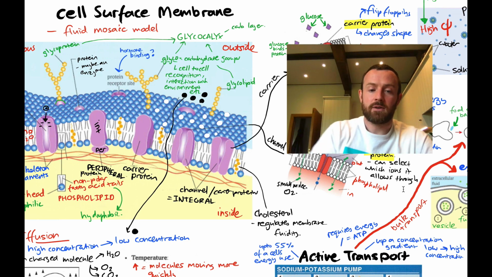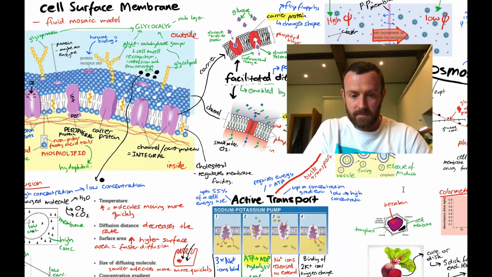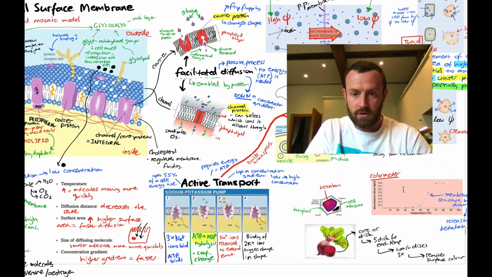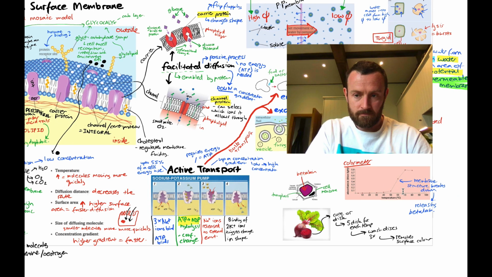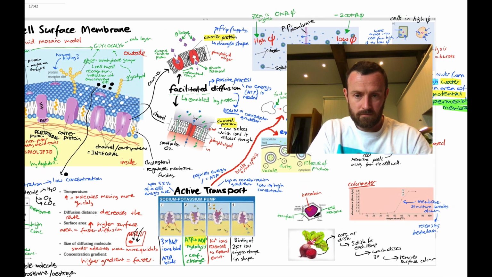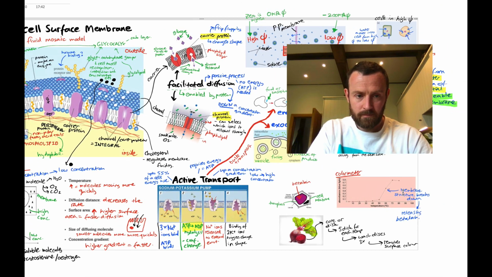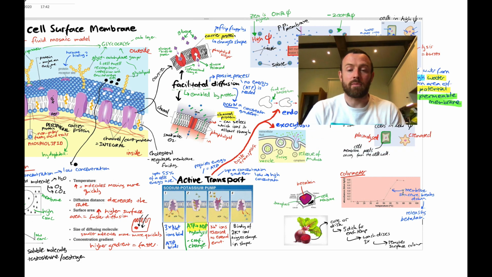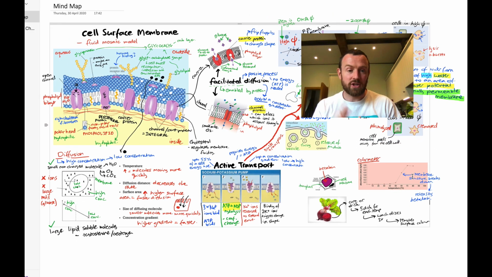Okay, so that's everything on membranes. Let me just pull out here so we can get the whole picture. Now that we've zoomed out, we talked about the cell surface membrane, its structure, the fluid mosaic model.